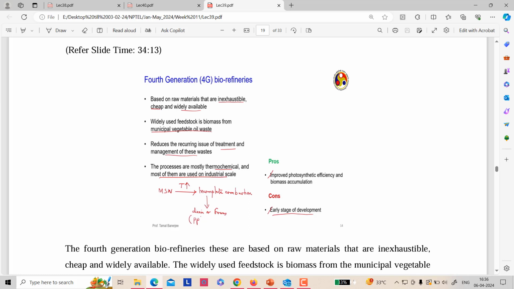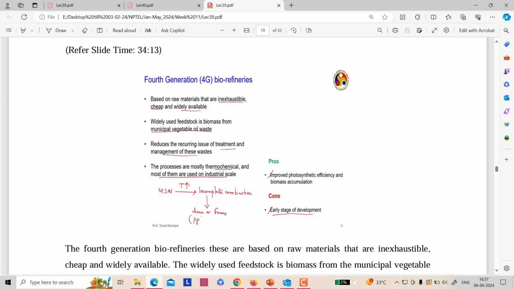And the processes are mostly thermochemical and most of them are used in industrial scale. So MSW, if I see the flow chart, if we give the temperature, it will lead to incomplete combustion and that will lead to dioxin or furans production. Pros is improved photosynthetic efficiency and biomass accumulation, but the con is early stage of development.